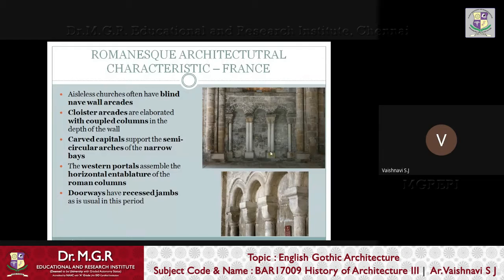These are called the cloister arcades, and it was also given in the depth of the wall. And we had a few carved capitals, which were supporting the narrow base, and doorways had recessed jambs, and the western portals assemble the horizontal entablature of Roman columns.